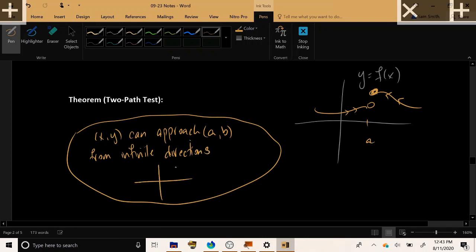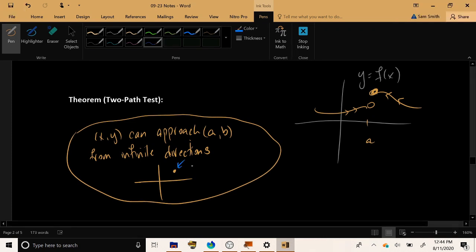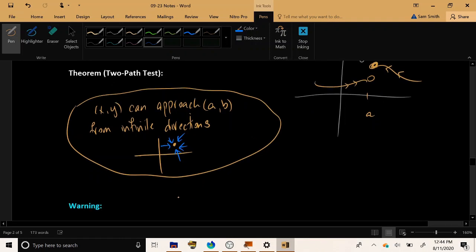You can have your graph, you can have your point AB, and potentially xy is approaching it from the top right, or maybe from the bottom right, or maybe directly from the left, or everything in between. So in order to make sure that the limit exists, we must approach the same value no matter what direction you approach from. Not just left and right, but also northwest, north-northwest, west, and any combination you can think of in terms of directions.